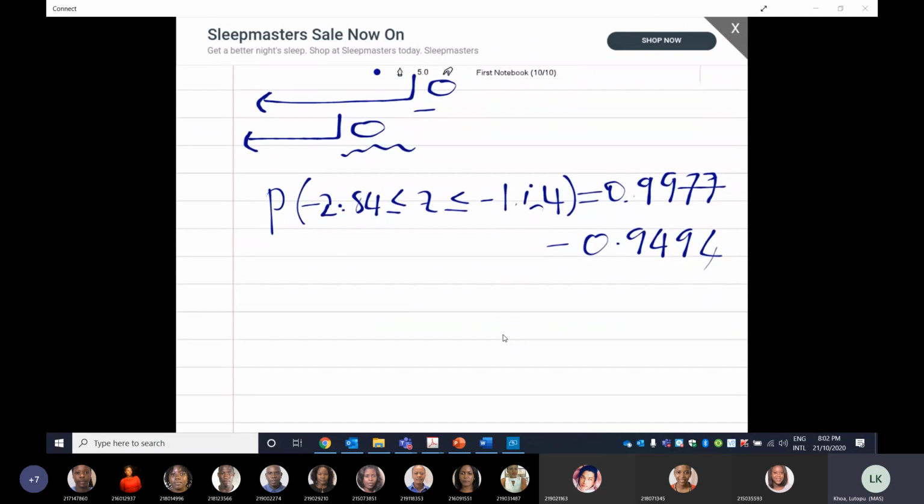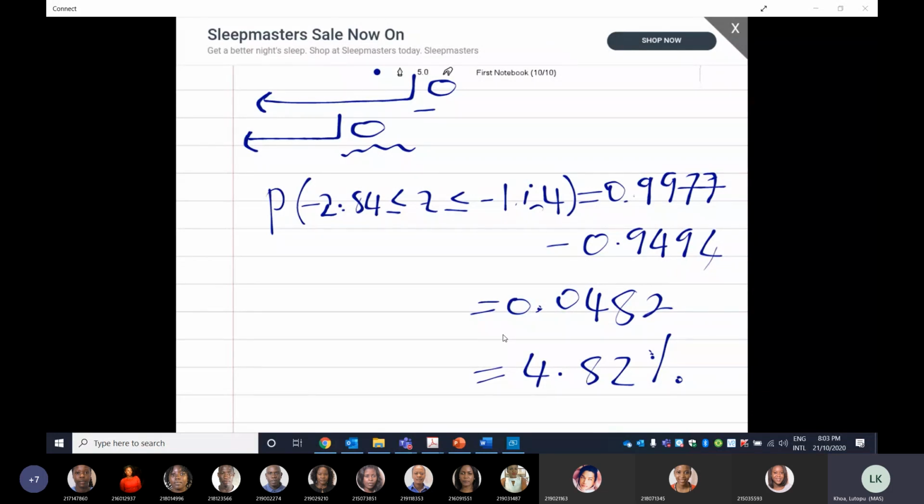And I got 0.0482, which is about 4.82%. Okay, then what you do is you write a sentence to answer the question.